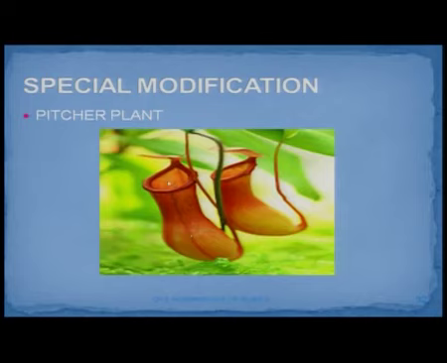Now, this flap is turned over, covered, the pitcher gets closed, the insect cannot come out, and this leaf will now secrete digestive juices, and the whole of the insect body will be digested. This is done by these plants to meet their nitrogen requirements.